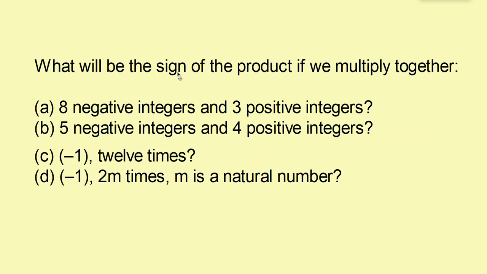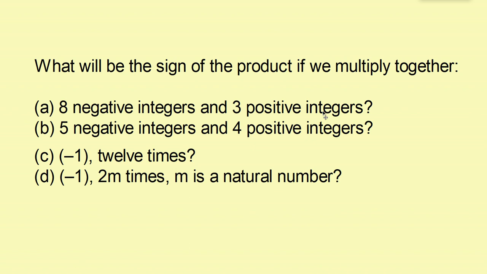Answer the following. What will be the sign of the product if we multiply together 8 negative integers and 3 positive integers? If you multiply 3 positive integers, definitely you are getting a positive integer. 8 negative integers, 8 means even. So its product always will be positive.